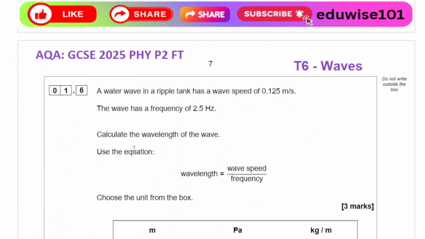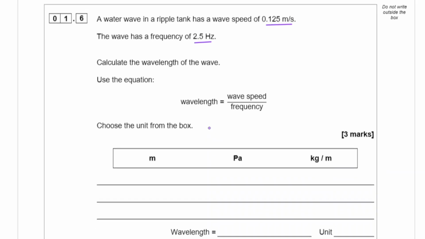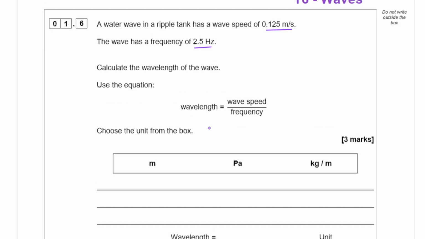A water wave in a ripple tank has a wave speed of 0.125 meters per second. The wave has a frequency of 2.5 hertz. Calculate the wavelength of the wave. Use the equation. So wavelength, which is lambda, equals wave speed divided by frequency.